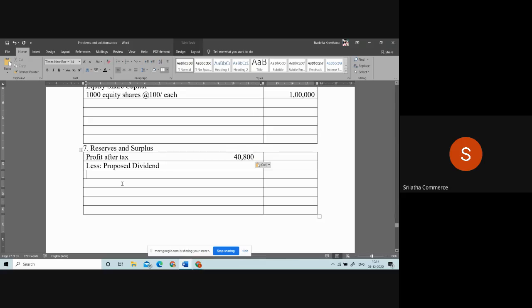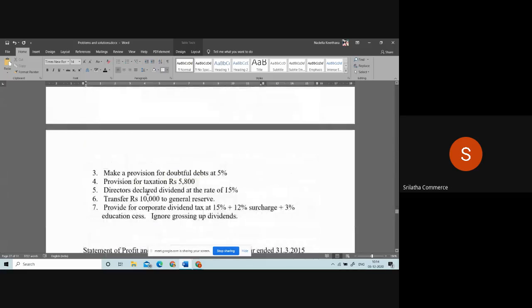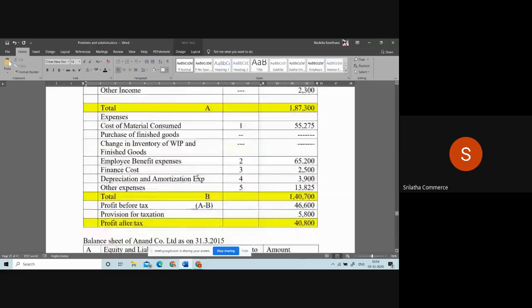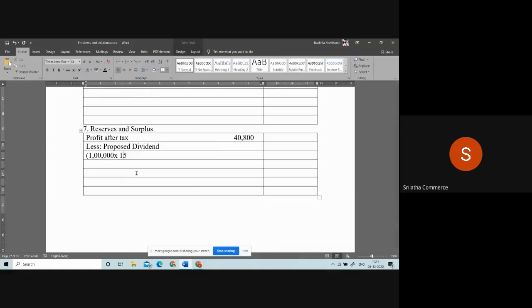Proposed dividends always have to be calculated on the paid up capital. Your paid up capital is 1 lakh into 15 by 100. How much? 15,000.